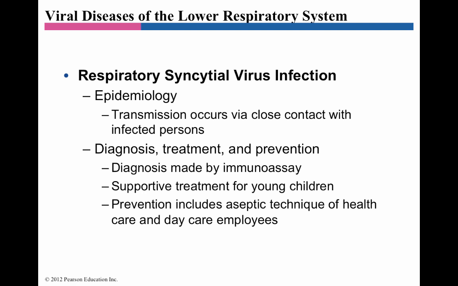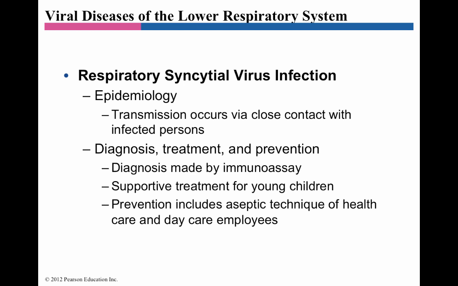Transmission is going to occur by respiratory droplets or close contact with infected persons: kissing, touching, shaking hands, recently contaminated fomites. It's going to be more problematic, like I said, in babies or infants, especially those that are premature, immune impaired, or exposed to tobacco smoke, those who attend daycare, or maybe those who have older school-age siblings are at most risk.